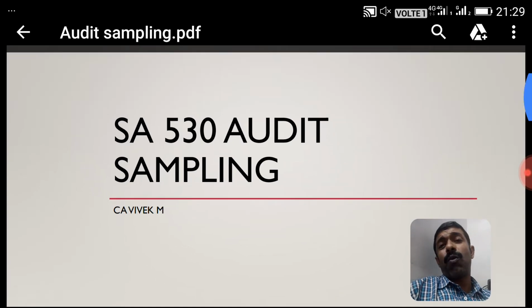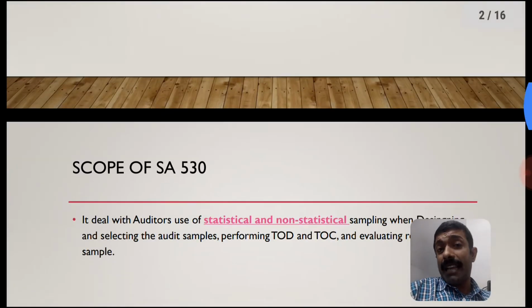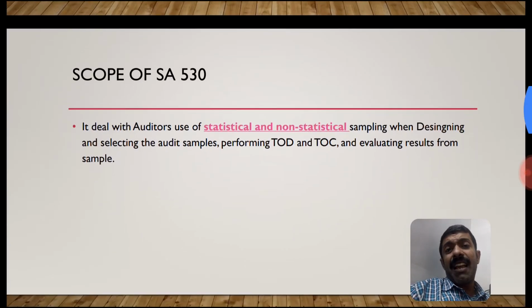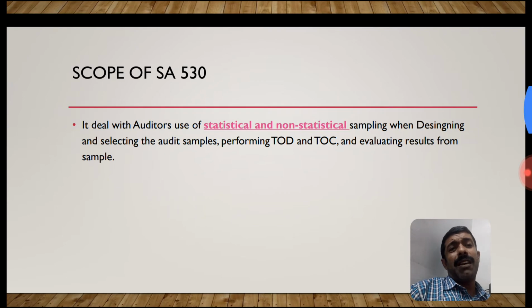Let us move into the scope of SA 530. It deals with how the auditors use the technique of statistical and non-statistical sampling when designing and selecting the audit samples for the purposes of performing test of details and test of control and evaluating the result from sampling.